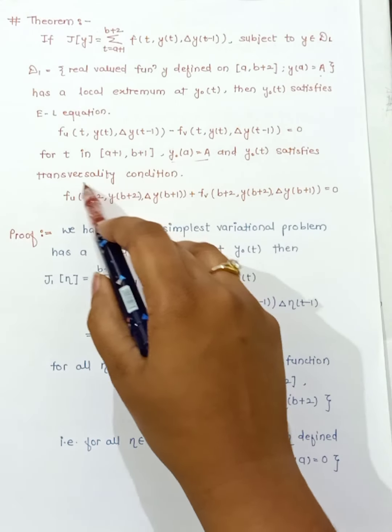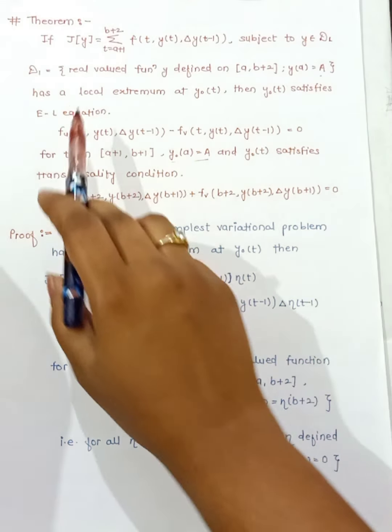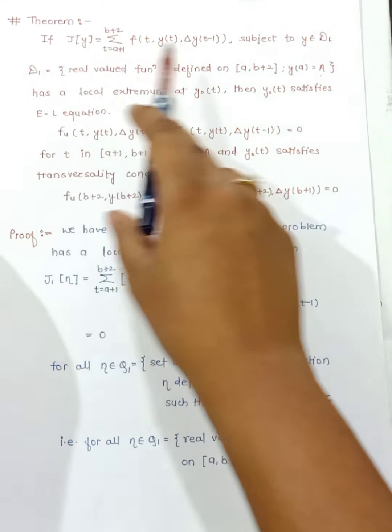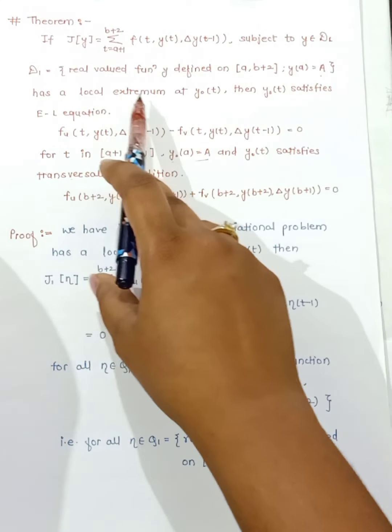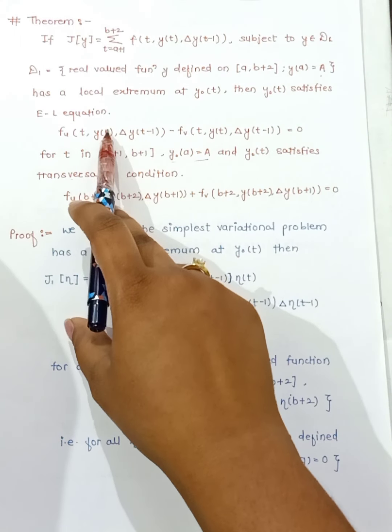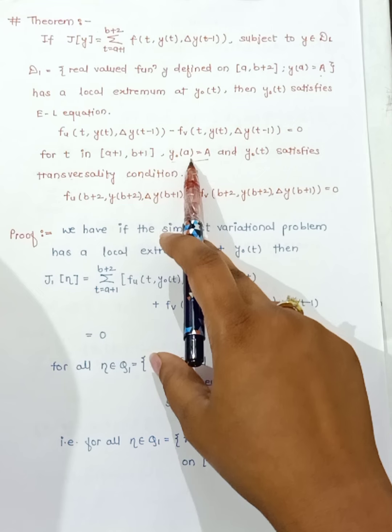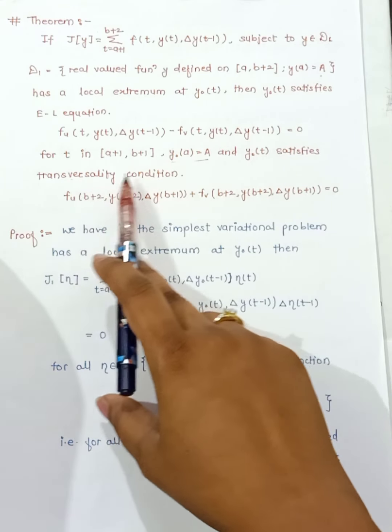So this we have given, and we have to prove that if this J(y) defined on D1 has a local extremum, then it satisfies the EL condition with y0(a) equals A and the transversality condition.